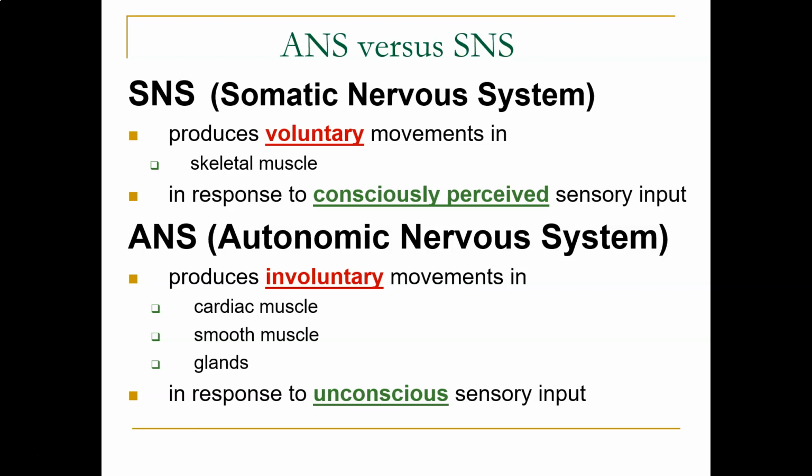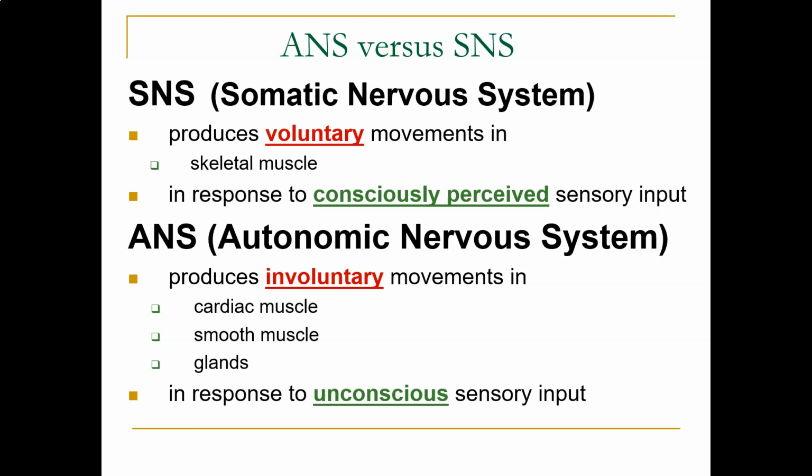In this lecture, we're going to talk about the autonomic nervous system. The autonomic nervous system is part of the peripheral nervous system, and it is made up of sensory and motor neurons. The sensory neurons are monitoring the internal environment.